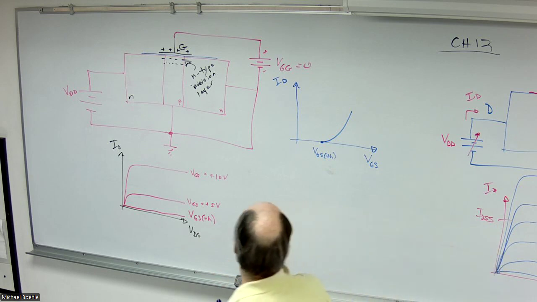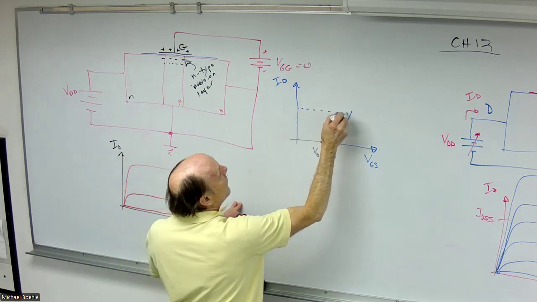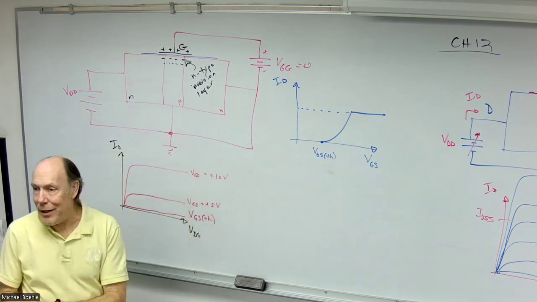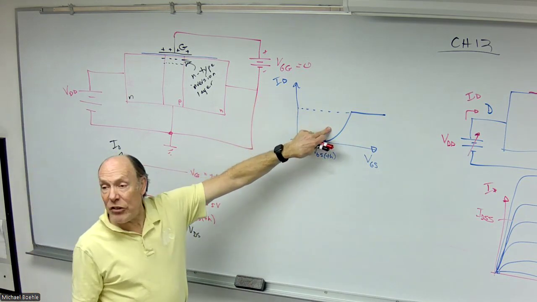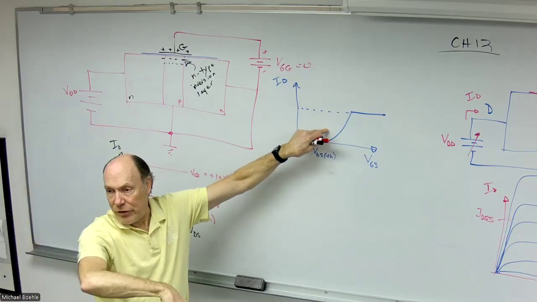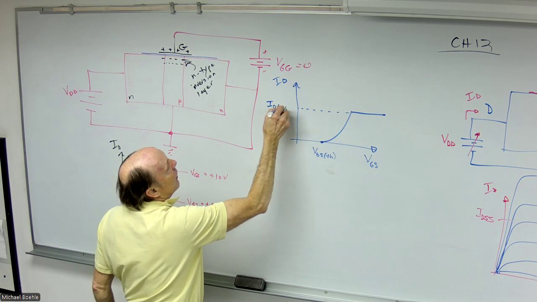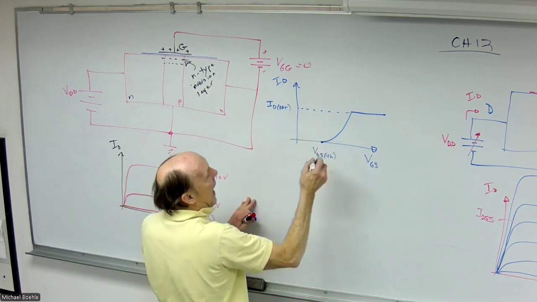Same thing happens here. So what is assumed at some point is that we reach a point where the current is limited not by the transistor, but by an external resistor. And so this is our drain saturation current. So now this is my active region.